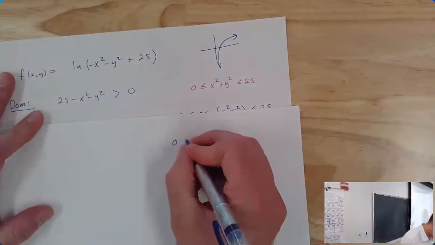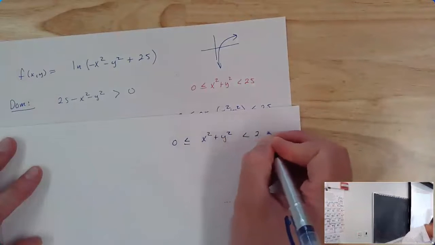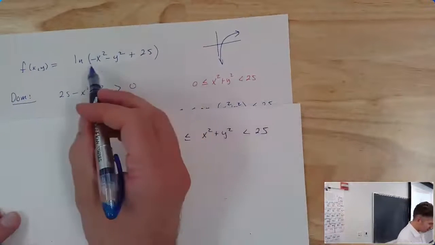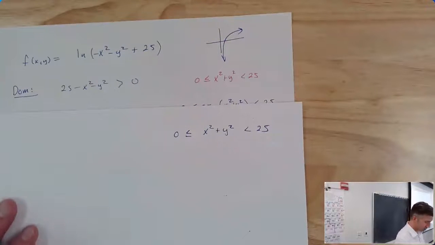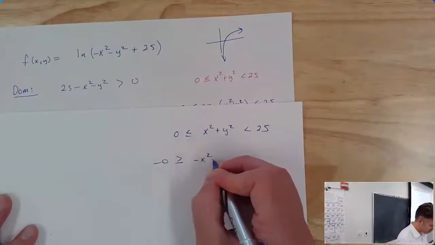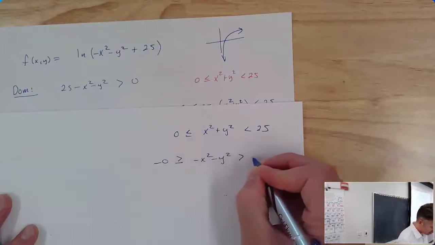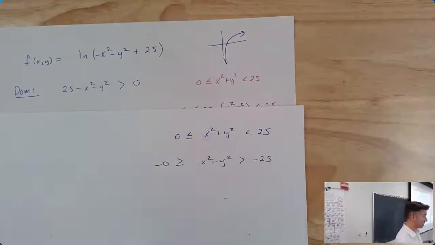If we take this inequality, you really can manipulate it until you get what you want. So I'm going to multiply everything by -1. So -0 is bigger than or equal to negative x squared minus y squared, which is bigger than -25. Because I multiplied by a negative, that changes the direction of the inequality.